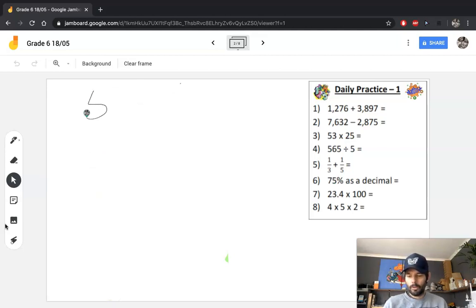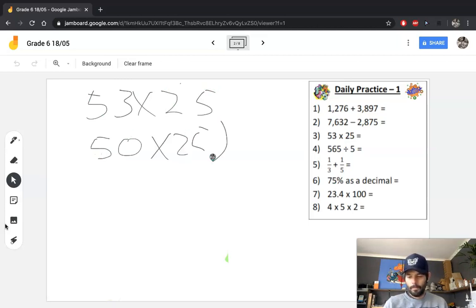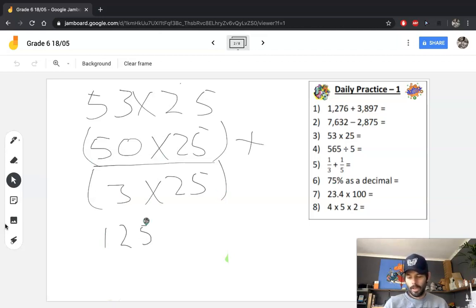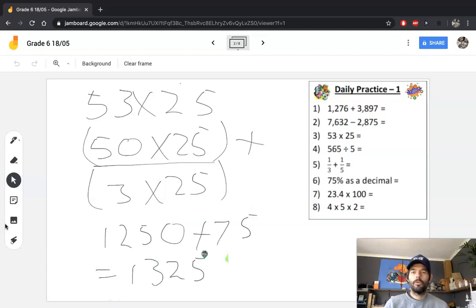53 multiplied by 25. I'm going to split this into 50 times 25 plus 3 times 25. Okay, I know that 5 times 25 is 125. So then I just need to add the 0 for the multiple of 10, plus 3 times 25 is 75, and now I can just put them together and get 1,325.